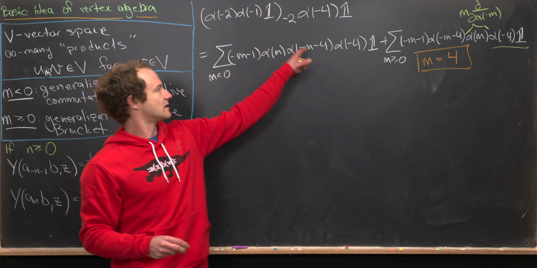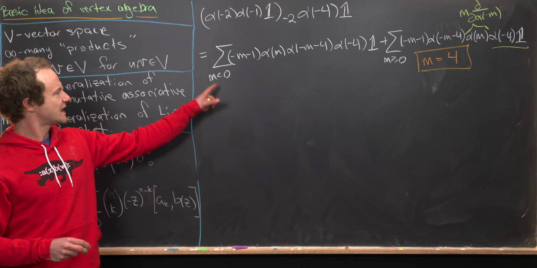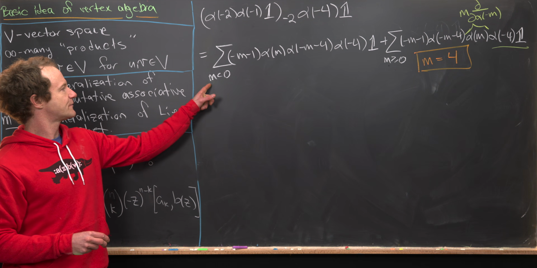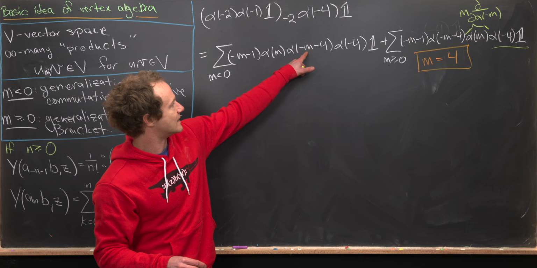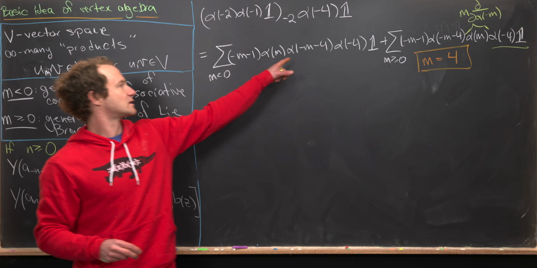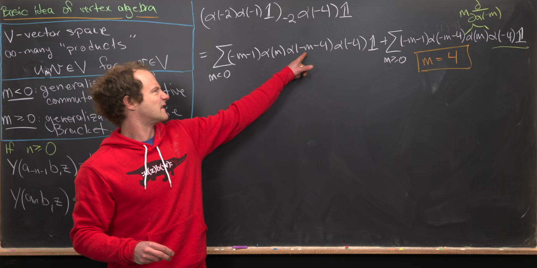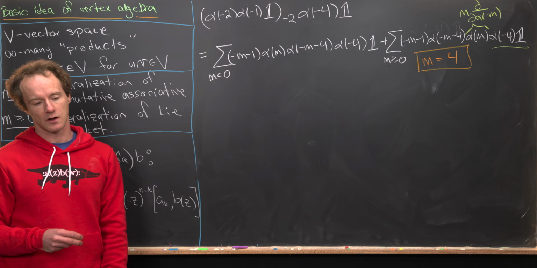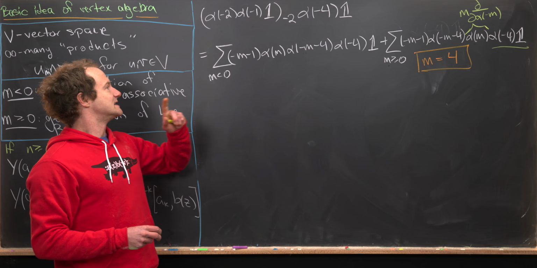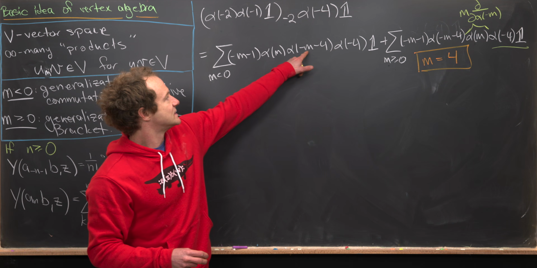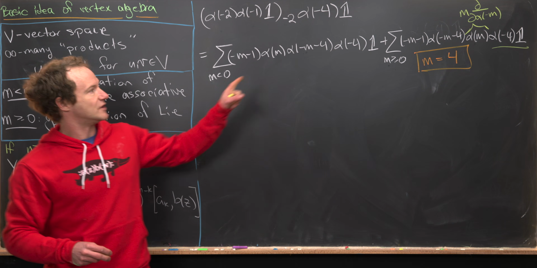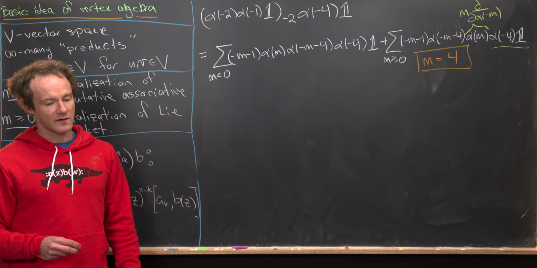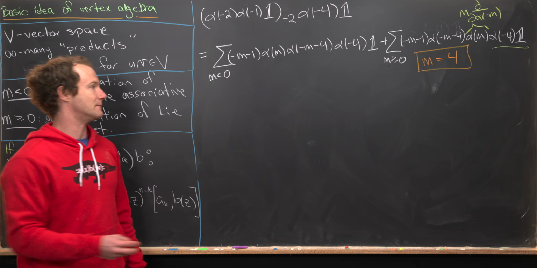Now let's do a similar investigation over here. So here we're summing over all negative values of m. But notice if we plug in the first couple of negative values of m in here, we're okay. For m equals -1, we get that this is equal to -3. For m equals -2, this is equal to -2. Those are all okay. But then when m is equal to -8, you get that this is equal to a +4, and you get that same kind of thing with the derivative there. So that opens up a couple more possibilities for values of m here.